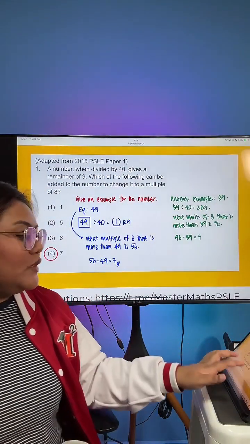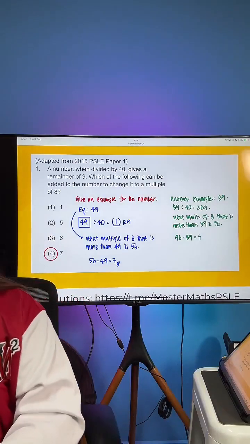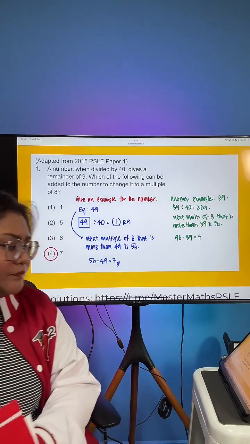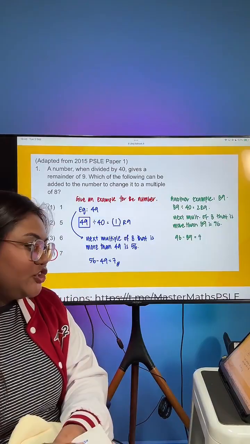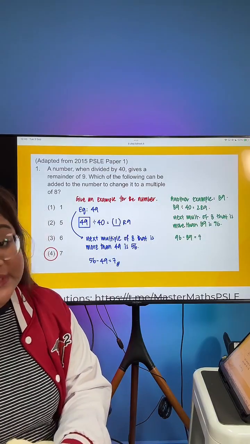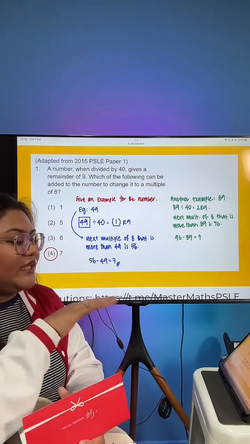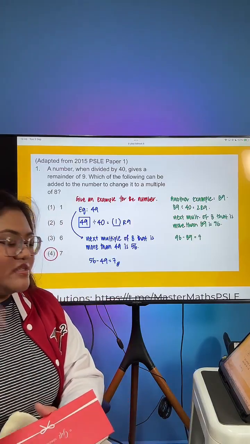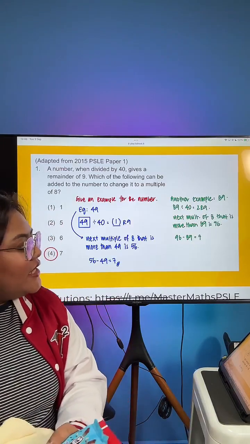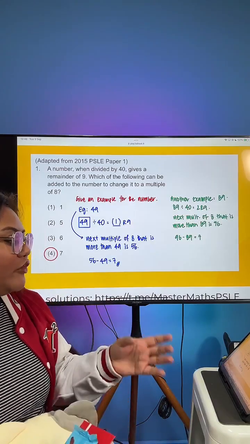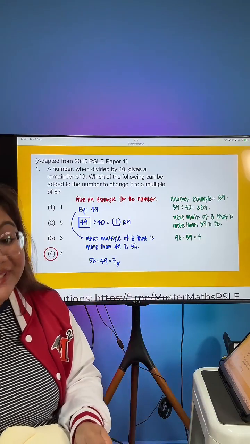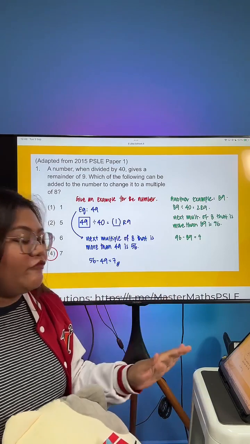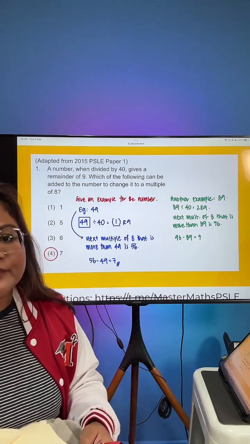You can see your own solution on your own devices as well. Now, if you don't know this number, you can actually just give an example for the number, as long as it fits the sentence. What do I mean by this? If a number when divided by 40 gives a remainder of 9, an example for this number could be 49, because 49 divided by 40 is 1 with a remainder of 9.